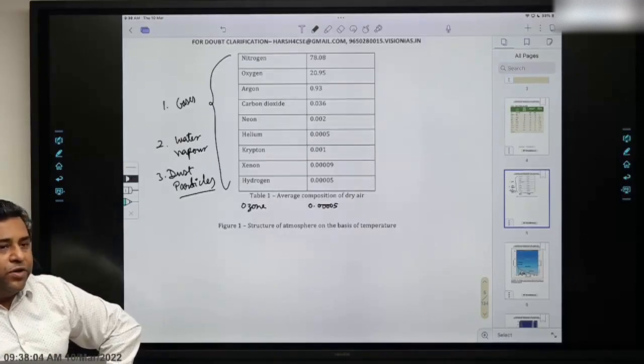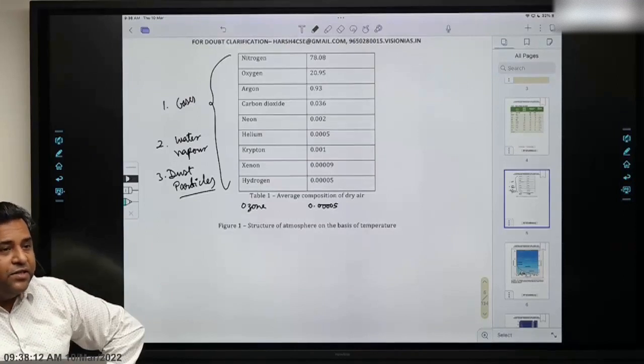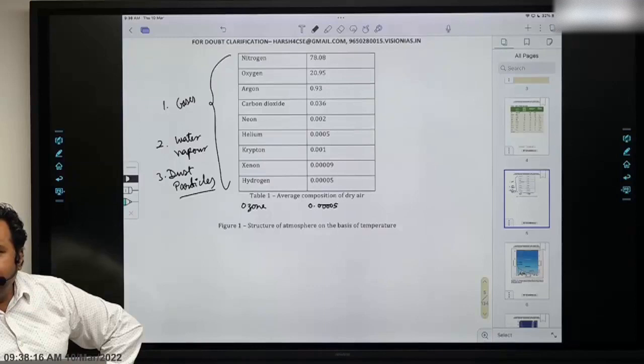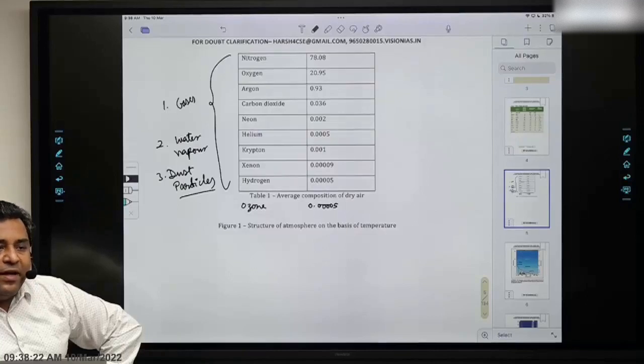Now, what is the role that they play in the atmosphere? Role of dust particle. Very good. हाँ जी. Condensation कैसा करेगा? Around the dust particle. So one is they help in condensation. Okay, so dust particle play a role in condensation, right?